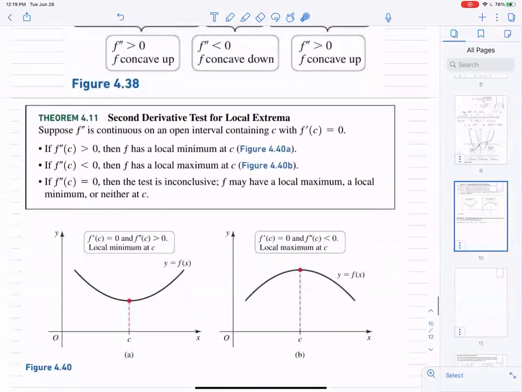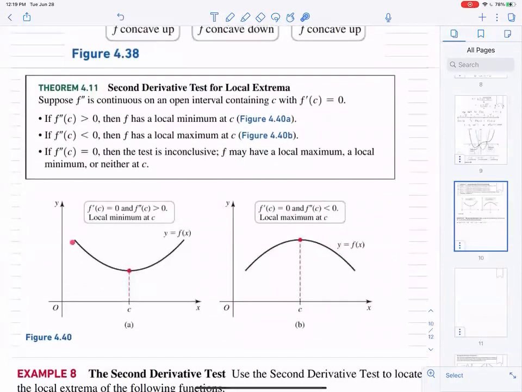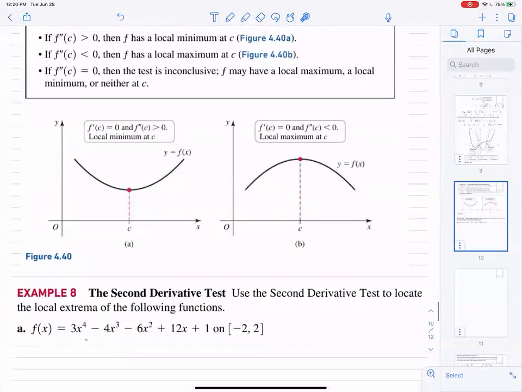It could be either. So here's the picture. If f prime of c is 0 and you're concave up, then you have to be a minimum. If f prime of c is 0 and you're concave down, you have to be a maximum. And if the second derivative is 0 at that point, then the test is inconclusive.